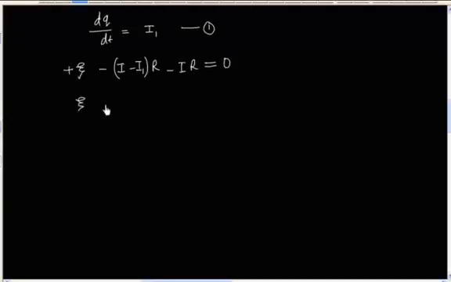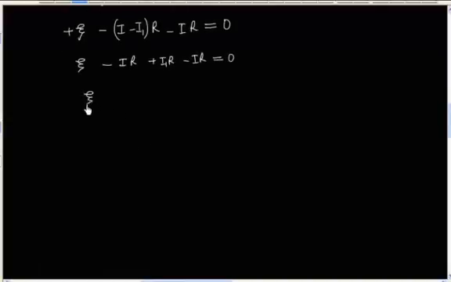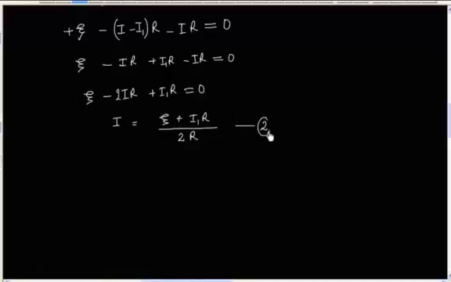That is the same as, so from here we can calculate I, that equals xi plus I1R divided by 2R. Let us call this equation 2.